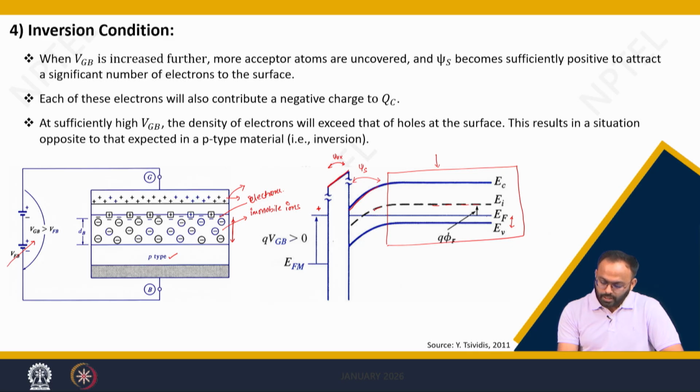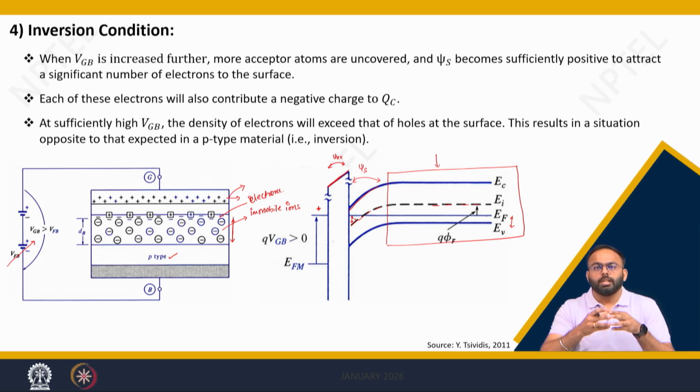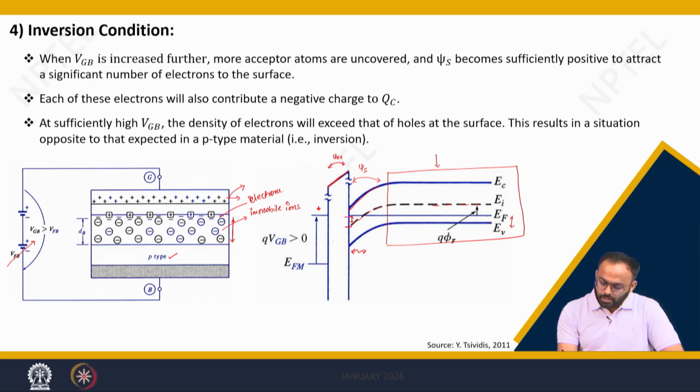Near the surface you see this EI going below the Fermi level, and hence this shows that the surface no longer reflects a p-type semiconductor; rather it shows as an n-type semiconductor. If the Fermi level goes above the intrinsic level, this becomes an n-type semiconductor. This condition is suitable for n-type.